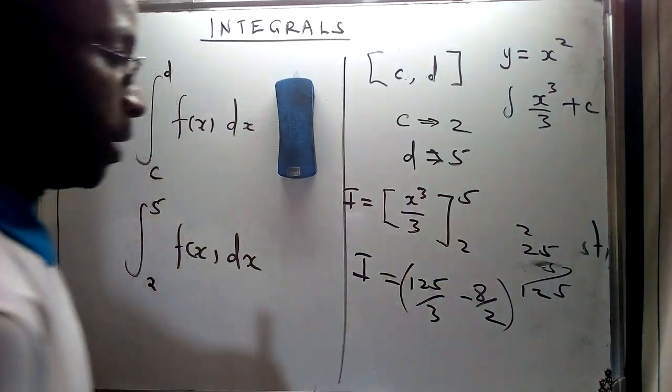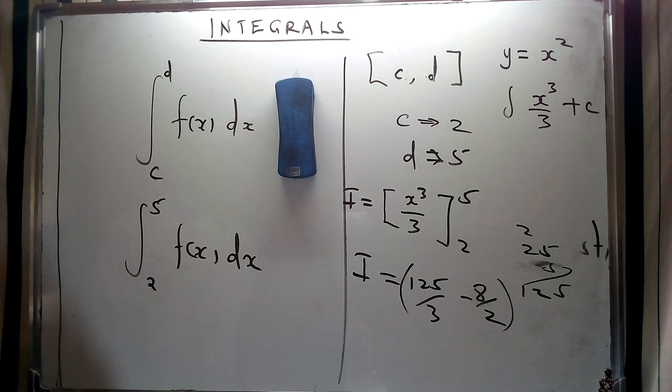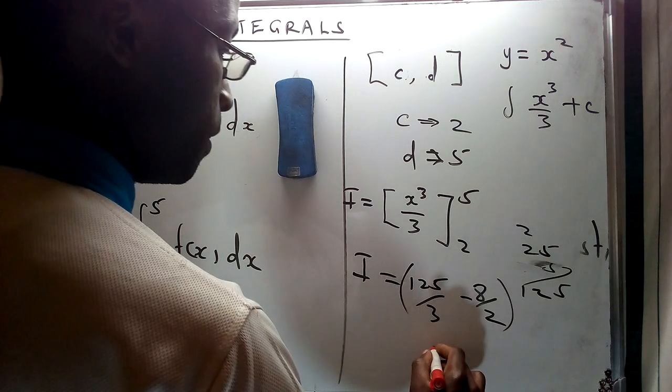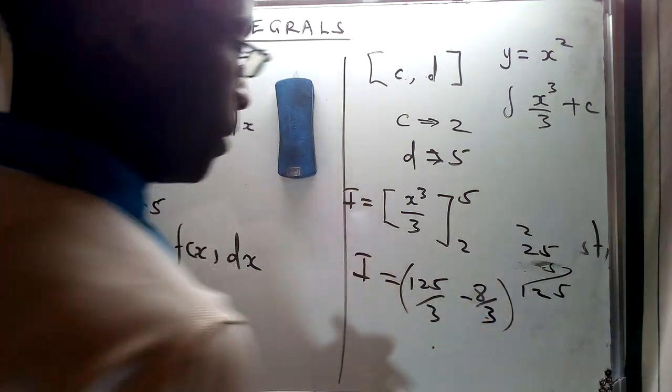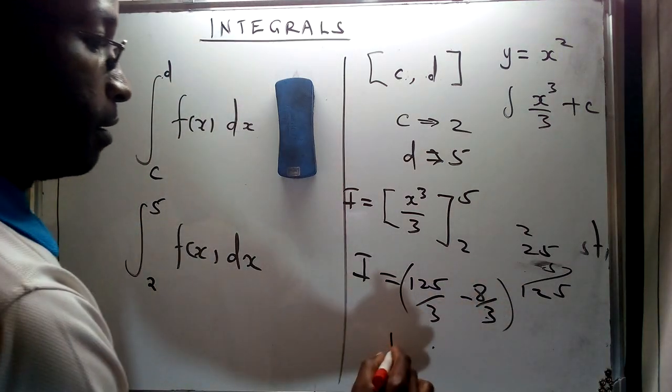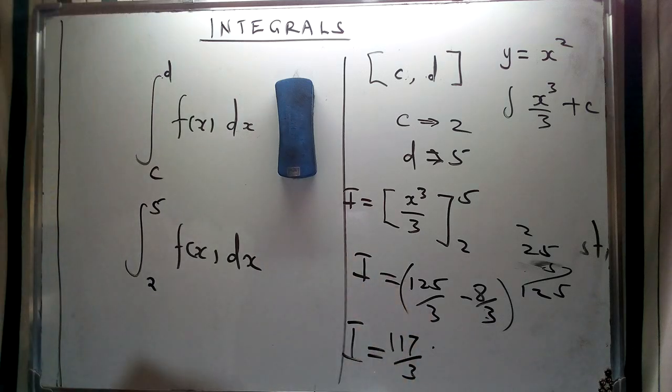I hope my evaluation is correct. So 125 minus 8, that is going to be 117, so this is over 3. So this is going to be 117 over 3, giving us the value for the integral.